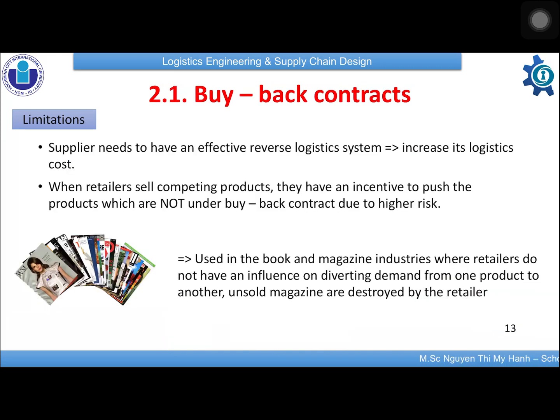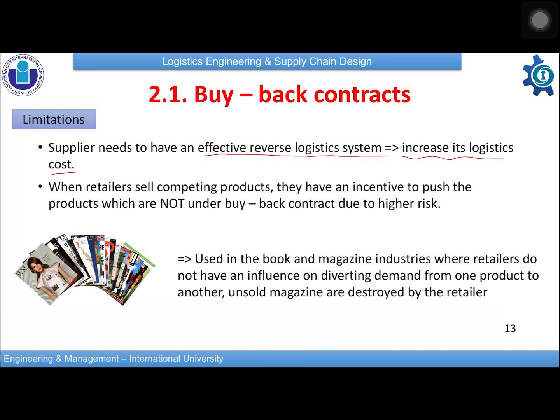However, the buyback contracts also have some limitations. When the supplier signs the buyback contracts, they need to buy the unsold products, right? So it means they need to have an effective reverse logistics system, and it increases the supplier's logistics cost.